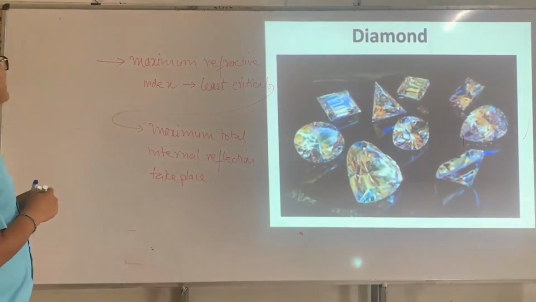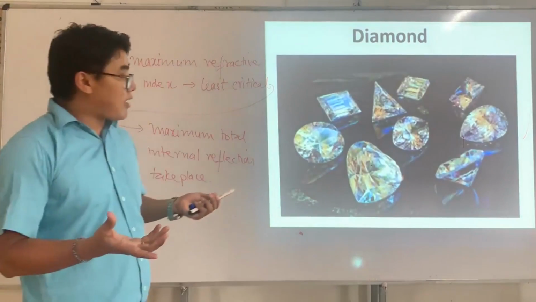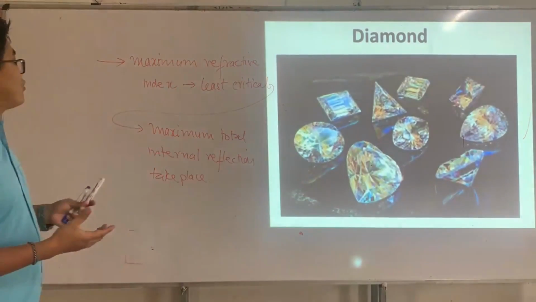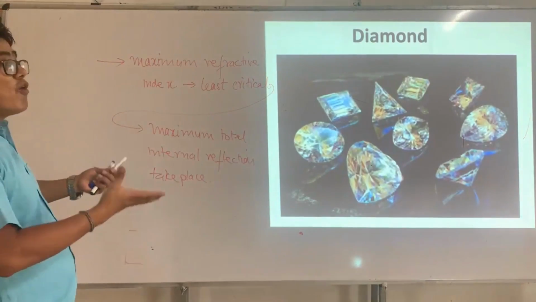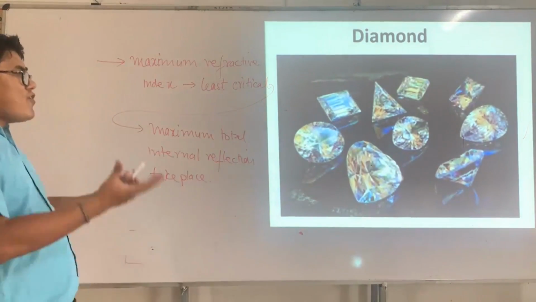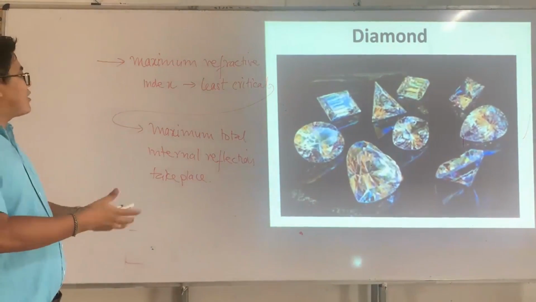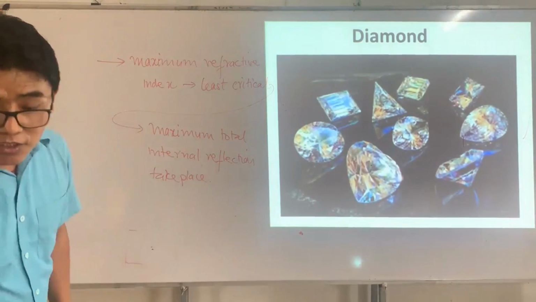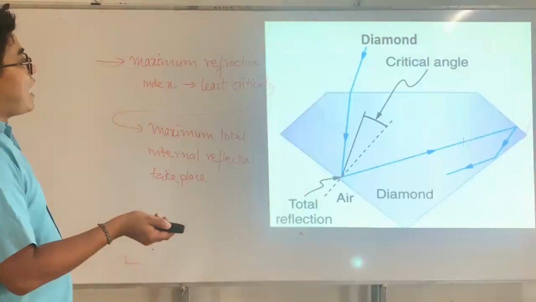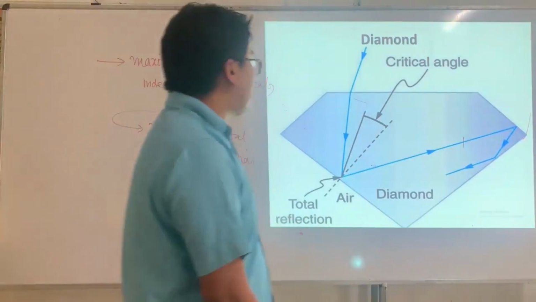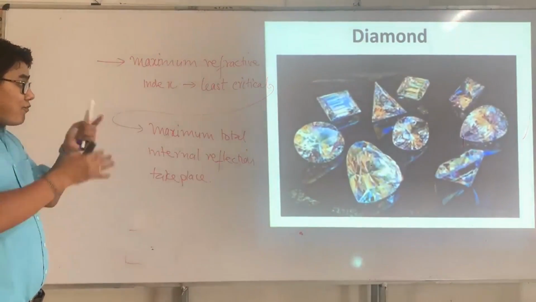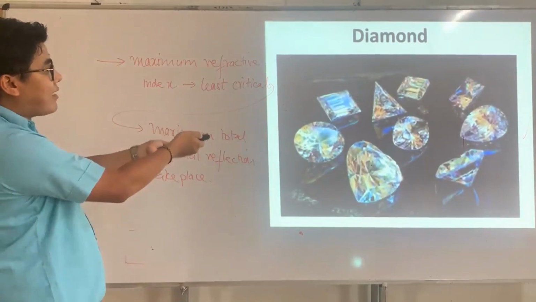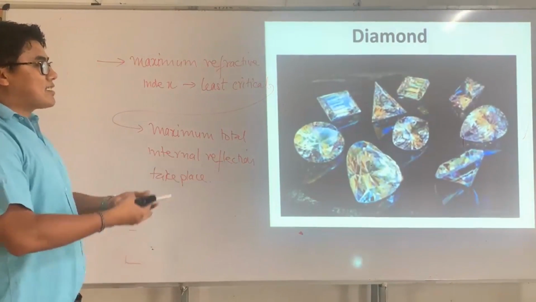Just now we discussed that diamond has a refractive index of 2 point something, whose critical angle is something like 24 degrees. So therefore, about 75% of light undergoes total internal reflection. I'll show you a few diagrams. This is the diamond, and if you put a design on a diamond, then there is greater shining. Why?